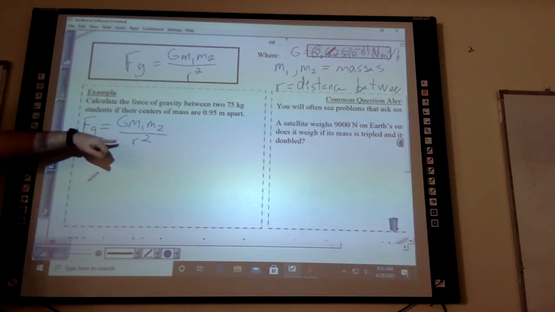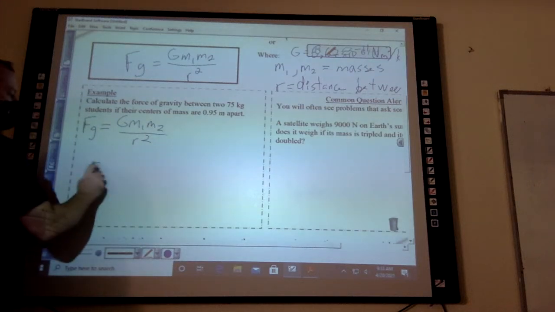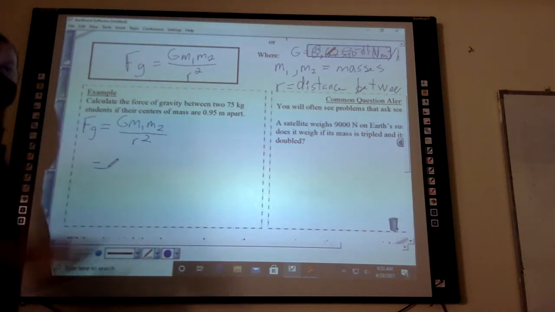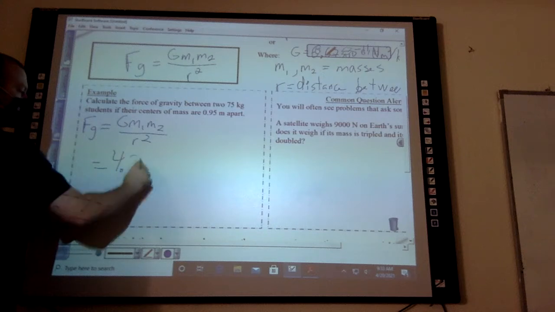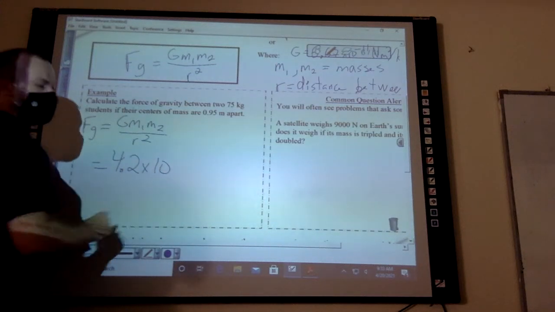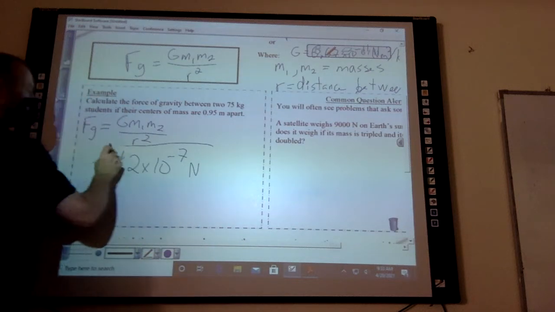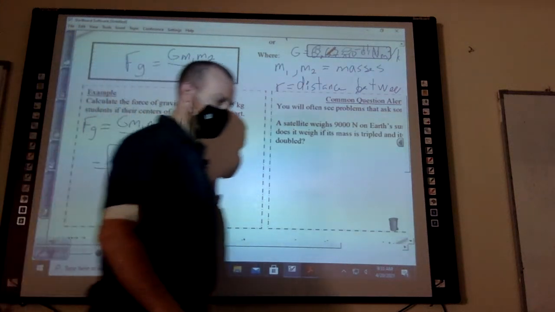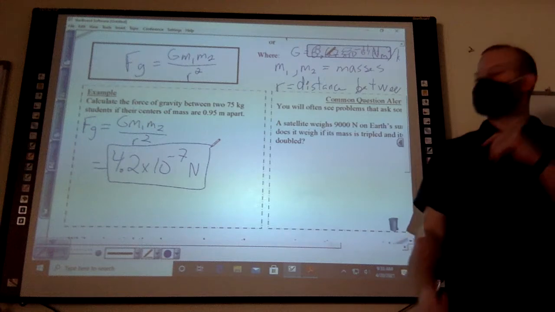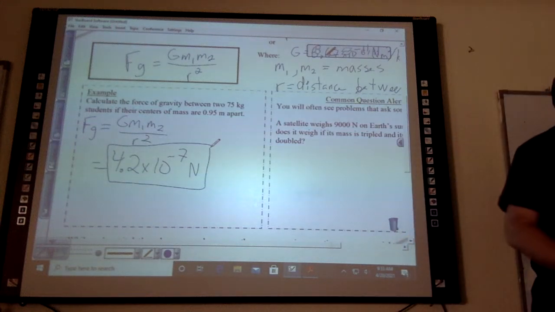My distance between the centers is already in meters, so I just plug that in. I'm not going to write out all the numbers. You can figure that out. So if you plugged in those numbers, you get this, times 10 to the negative 7. This is pretty small. This is normal. You've got really small masses, so therefore the force is going to be really small between them.